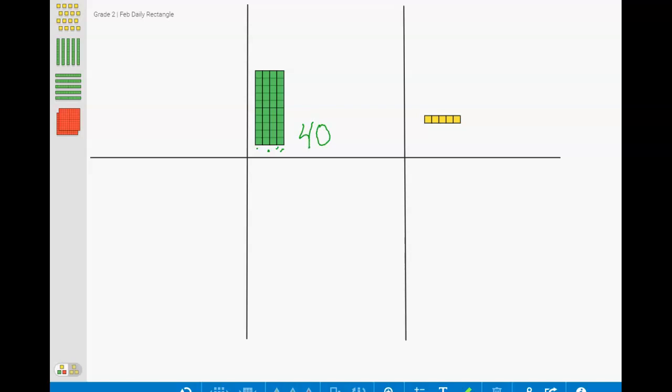And then I can see I have 1, 2, 3, 4, 5 ones. And I know that 40 plus 5 equals 45. So we will start with our bank having 45 squares.